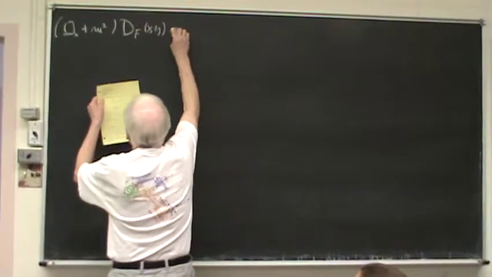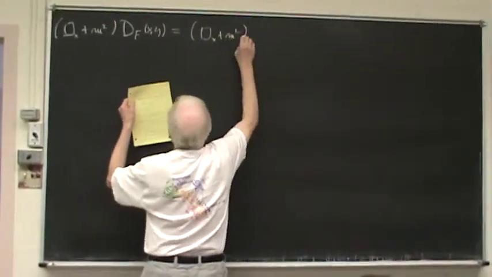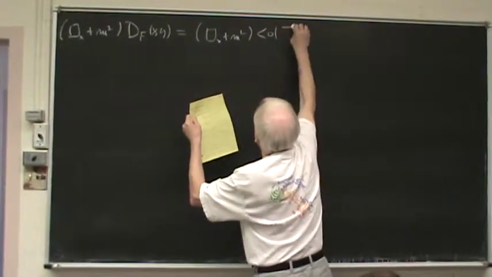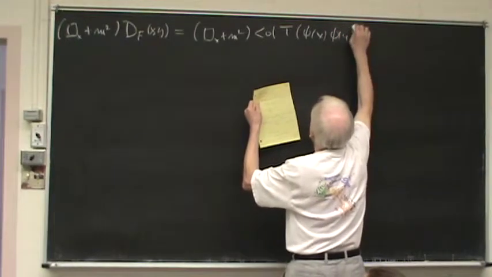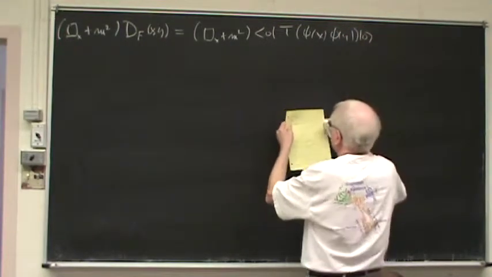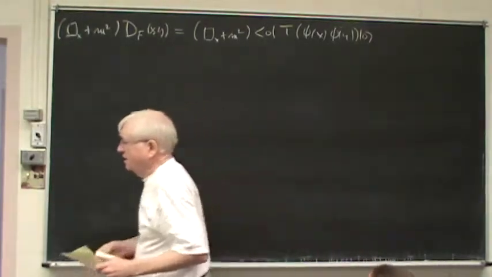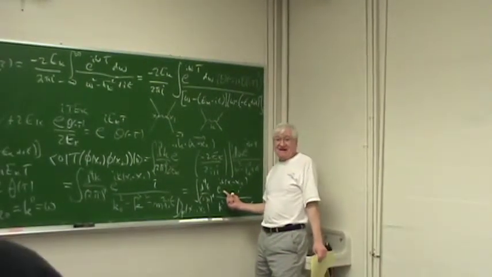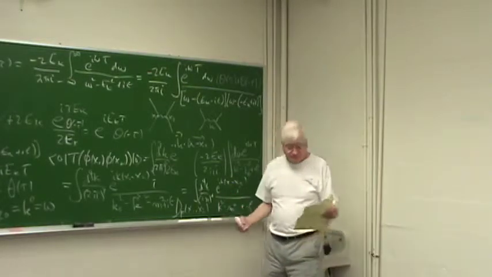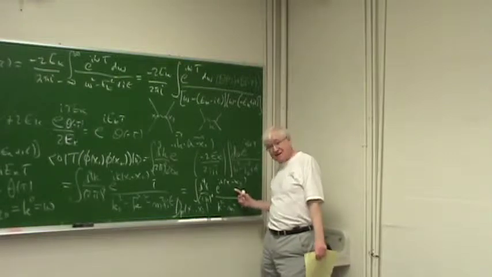Anyway, so that is box plus m squared on the vacuum expectation of the time ordered product of phi x, phi y. Well, what is it? Let me go over here. The box pulls down ik twice, so that's minus k squared. And then there's plus m squared, so it's minus k squared plus m squared.